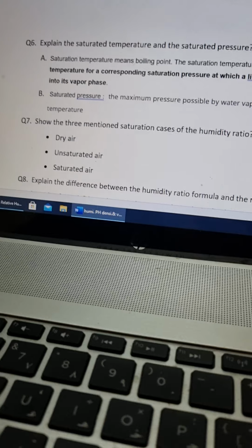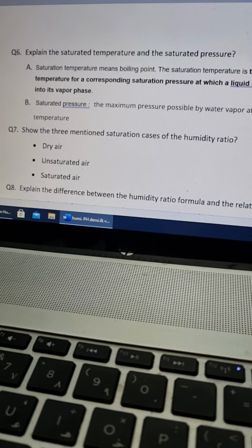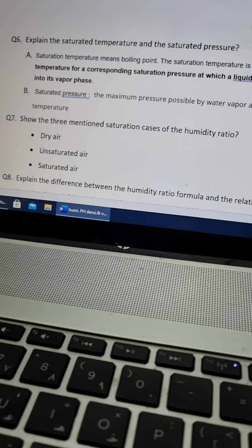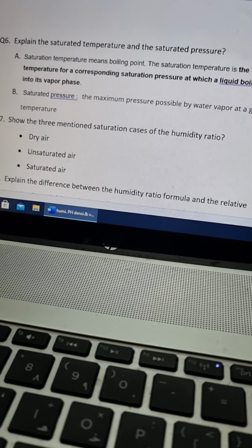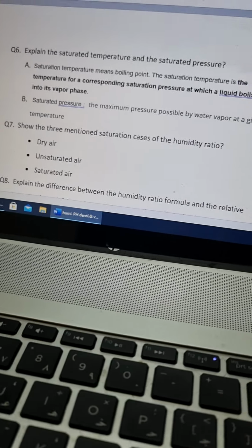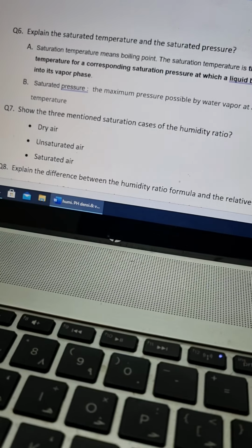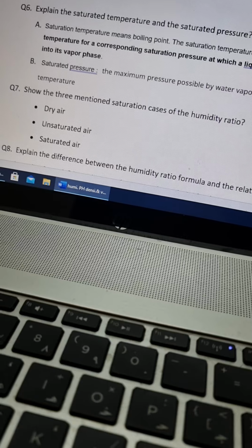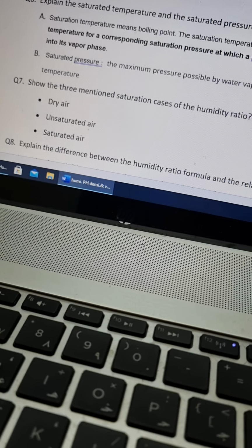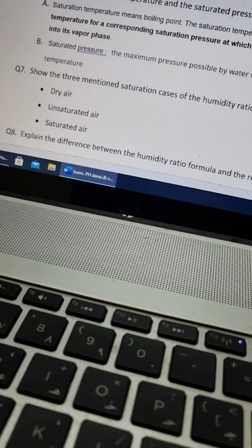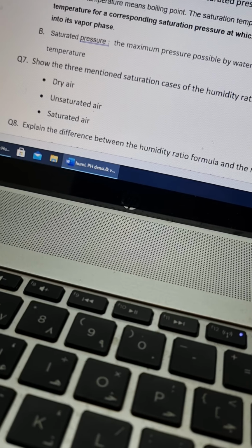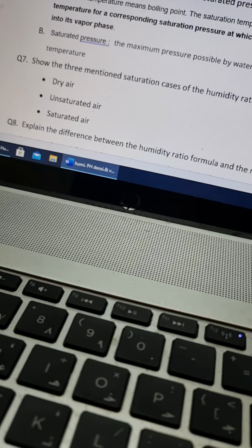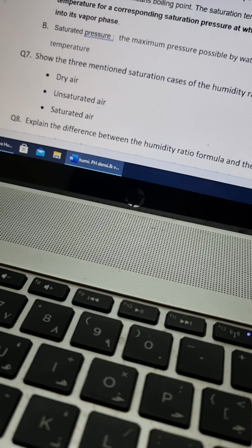Okay, saturated temperature means the boiling point. The saturation temperature is the temperature at the corresponding saturation pressure at which liquid boils into the vapor phase.